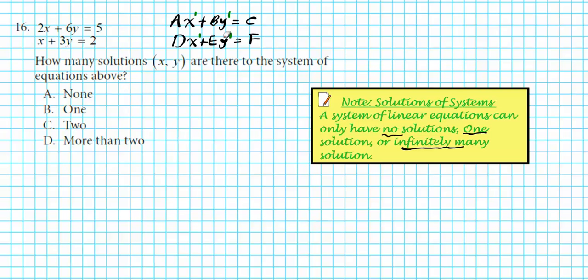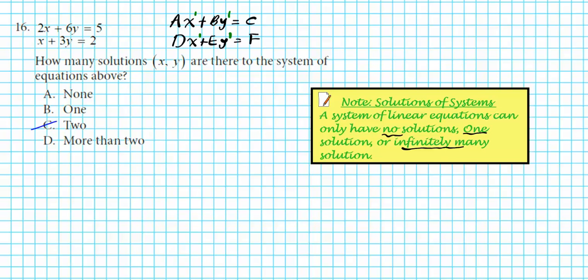So that gives you a system of linear equations. Whenever you have this scenario, you can have no solution, one, or infinitely many solutions. Those are the only possible outcomes. With that in mind, we can eliminate option C because it's impossible to have two unique solutions when solving systems of linear equations. All right, now let's go ahead and solve the problem.